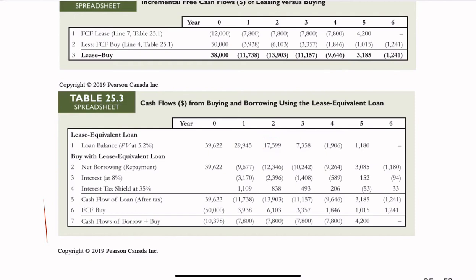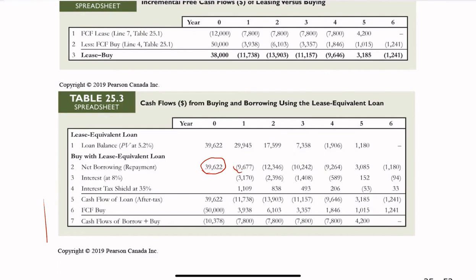And after getting loan balances, we can find out net borrowing. Net borrowing is easy. Net borrowing is essentially the difference between the firm's loan balances. So on day 0, net borrowing is equivalent to the firm's loan balance.